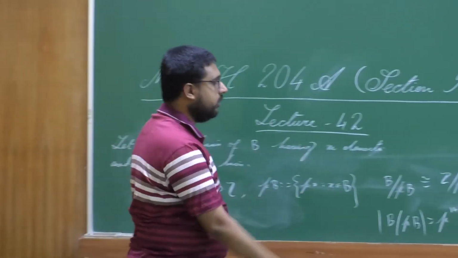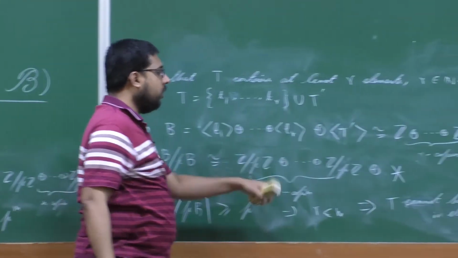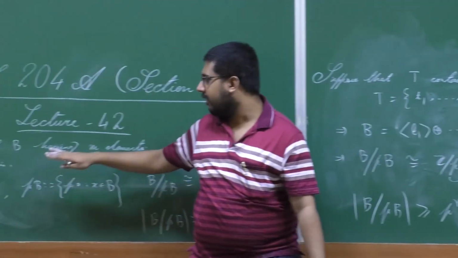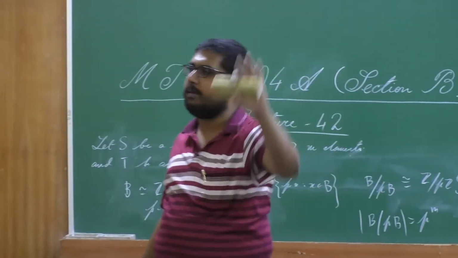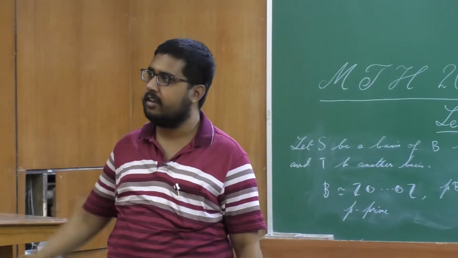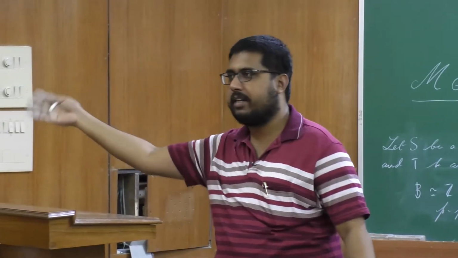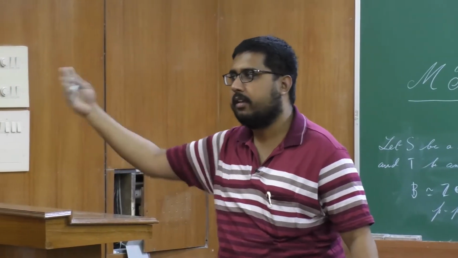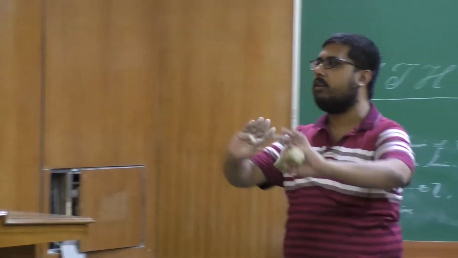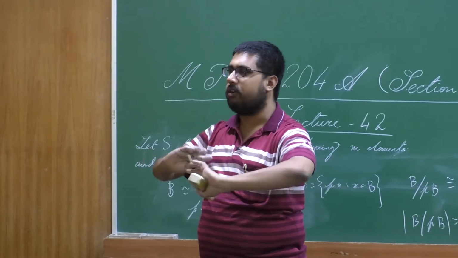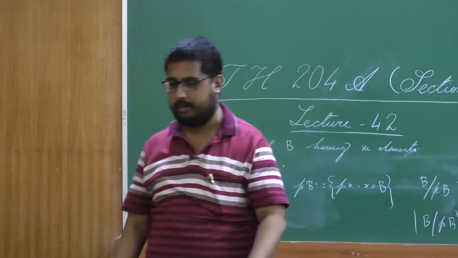Furthermore, S and T are both arbitrary bases, so it is settled that the other basis has to be finite. Therefore from now onwards, we are not going to talk about bases with infinitely many elements.